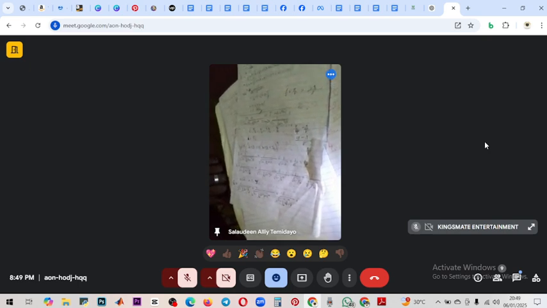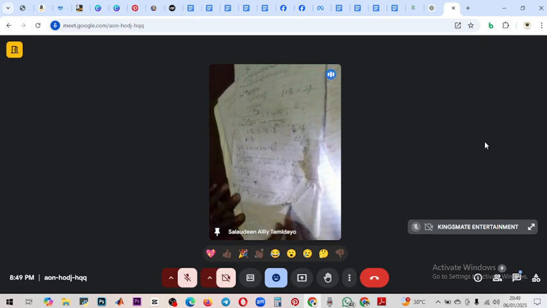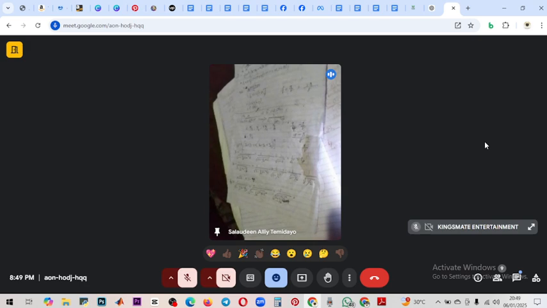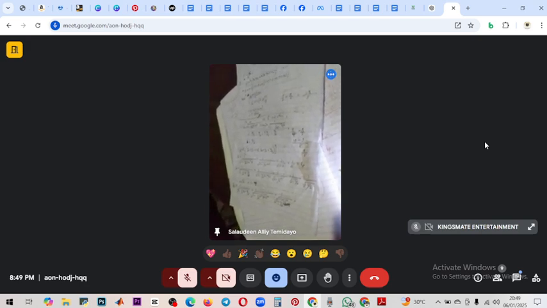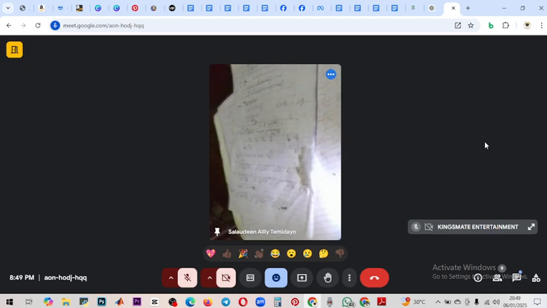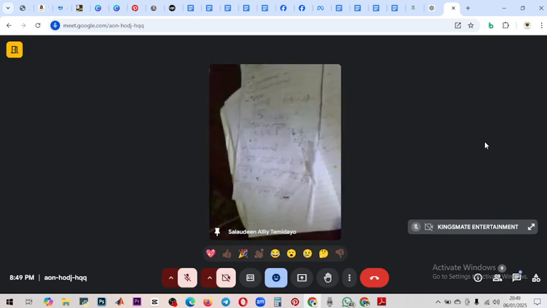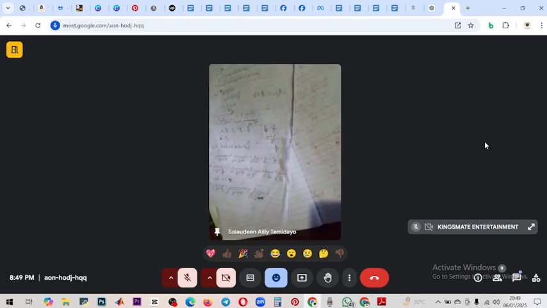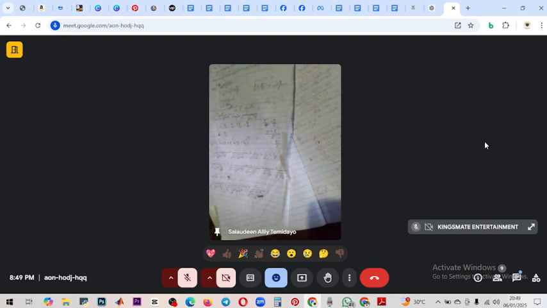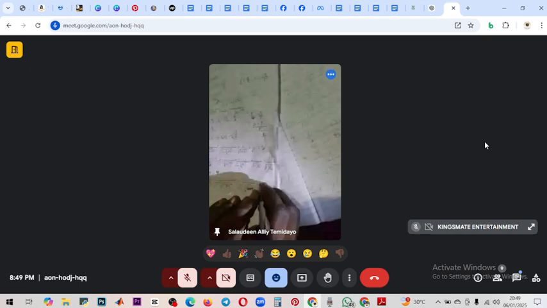Sine 22.5. Open bracket, write sine 22.5, close the bracket. Square it. Are we together? The answer is 0.146.